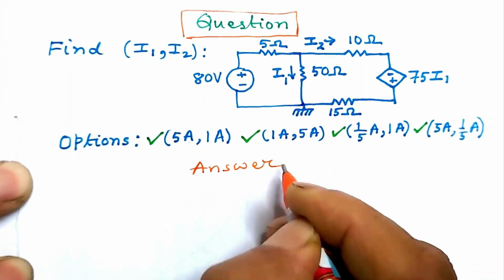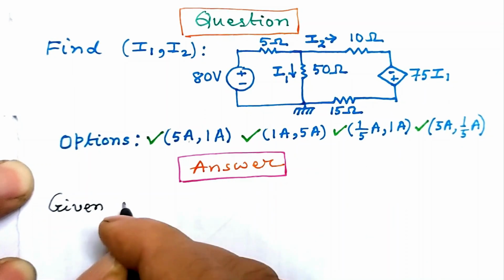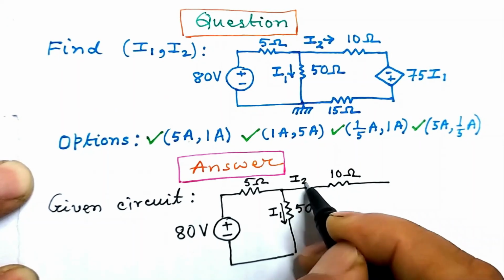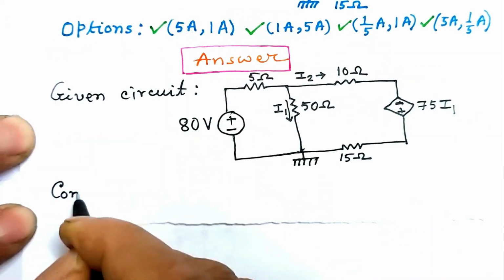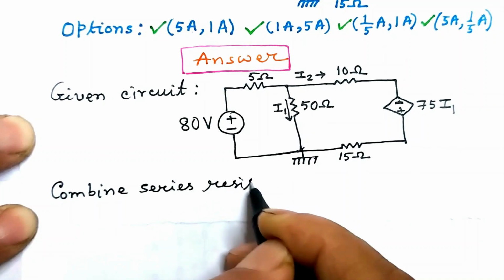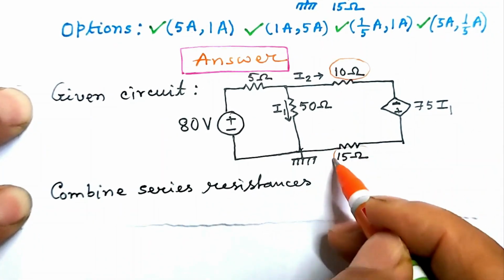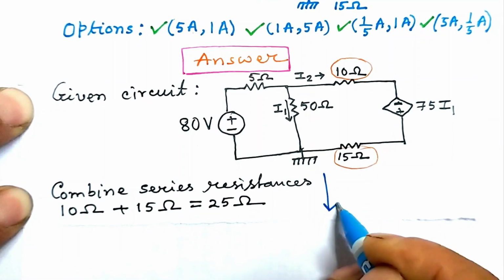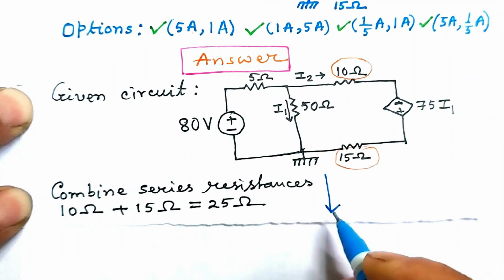Let us solve for the answer. Given circuit is, let us redraw it. Combined series resistances 10 ohm and 15 ohm, that gives 25 ohm. So with this, let us draw the circuit, and here it is.